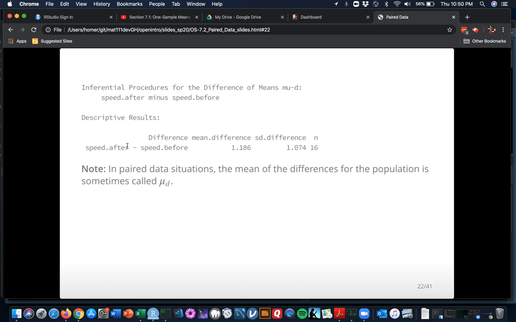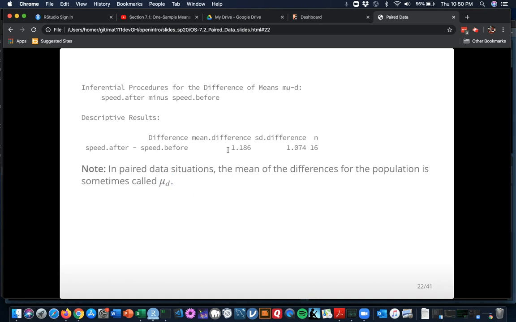The descriptive results would be provided first, and it makes it pretty clear in this table that the average of the 16 differences, speed after minus speed before, is 1.186, and the standard deviation of those differences is 1, and then there were 16 spiders. In some textbooks and courses, the mean of the differences for a population is sometimes called mu sub d. D, to remind you, it's a mean of differences.